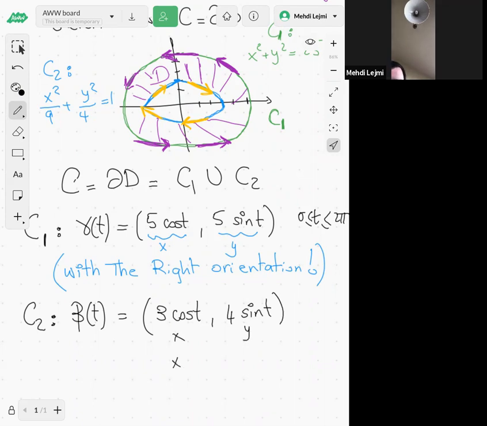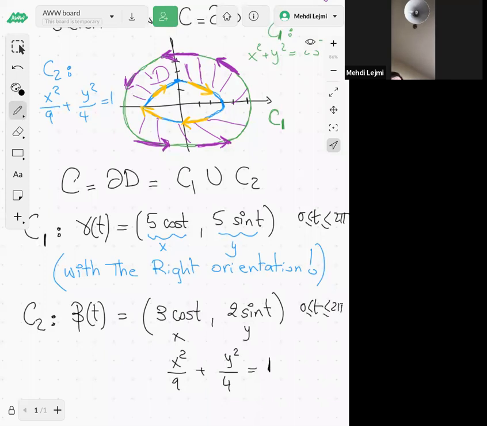If you do x squared over 9 plus y squared over 4, the 3 squared over 9 cancels out and the 2 squared over 4 cancels out, so it's just cosine squared plus sine squared, which equals 1. That's exactly the equation of my ellipse, x squared over 9 plus y squared over 4 equals 1, and t is between 0 and 2 pi.